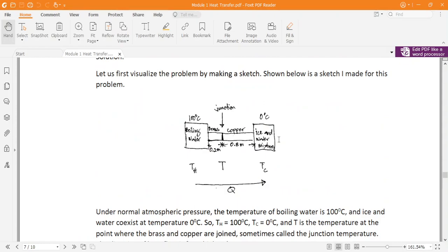So even though these materials, brass and copper, are different, the amount of heat transferred from the region of high to the region of low temperature must be uniform, the same. So the heat transfer through brass is the same as the heat transfer through copper.